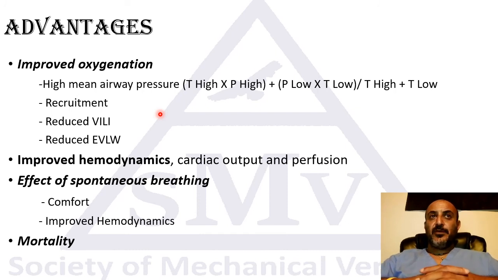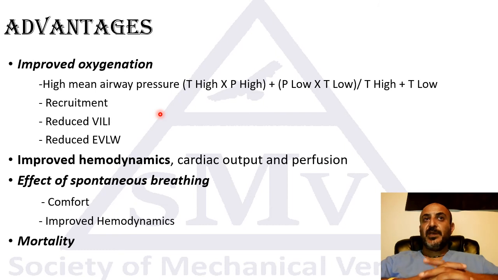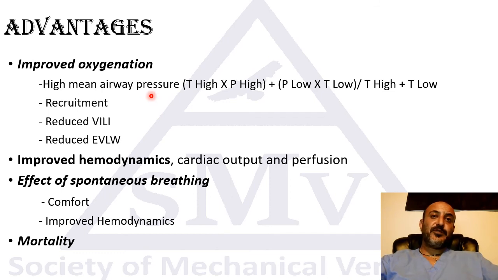One theory, and we did small studies that showed that just the application of APRV reduced the extravascular lung water in ARDS patients, and that correlated also with higher mean airway pressure. So there are multiple reasons APRV can improve oxygenation.